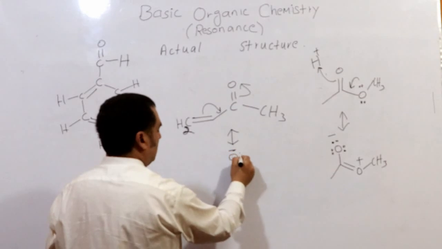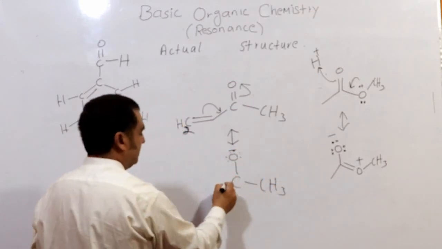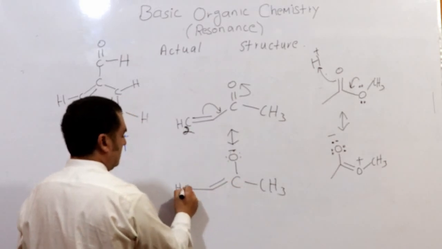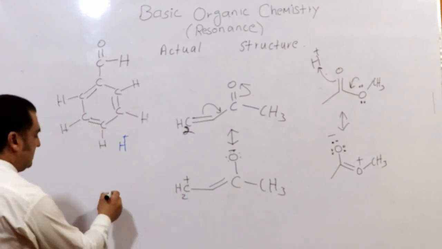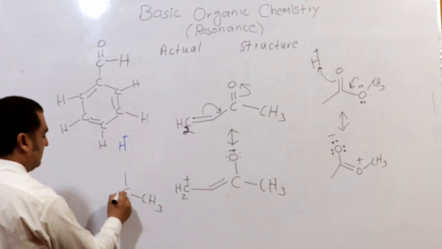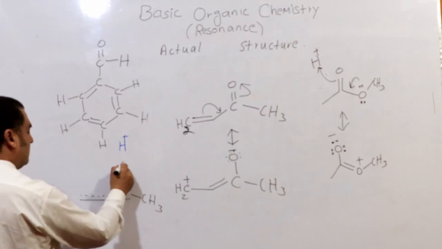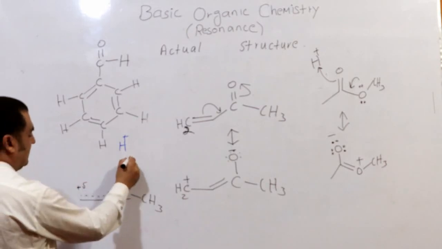If you have a molecule like this, these are 3 lone pairs, it has a positive charge. So its actual structure will be like this: a little bit positive here and a negative here.